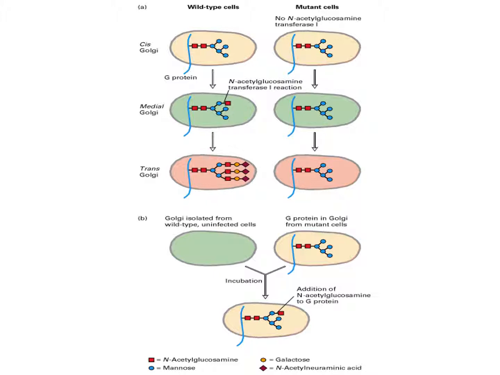Getting excited here. So we incubated, and what did they see? They saw that the G protein did get a NAG. The only way that would have happened was the protein went to the wild type medial Golgi that they're not showing here.